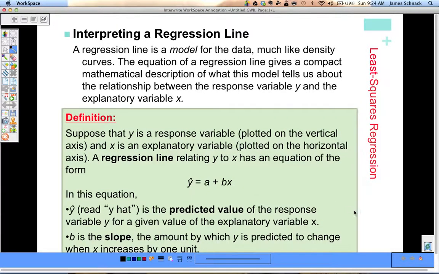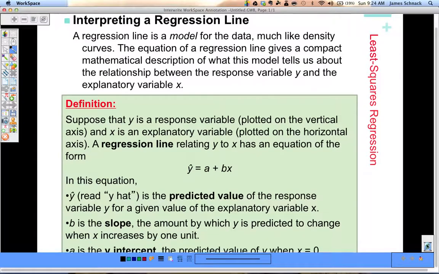A regression line relating y to x has an equation of this form. Notice that it's not y equals, it's y hat. It has a caret on top of the y. That is standing for the predicted value of y. We don't know what y is. We're predicting that this will be the output. So it is important that you use this notation when you're writing a regression line. y hat equals a plus bx.